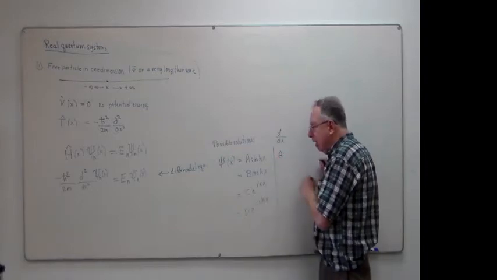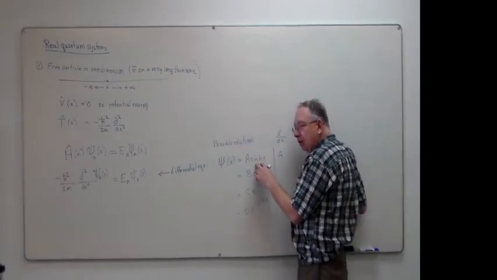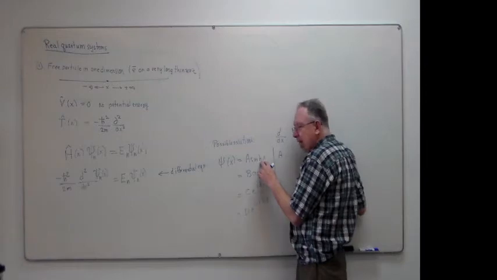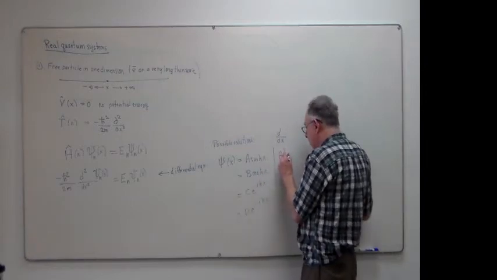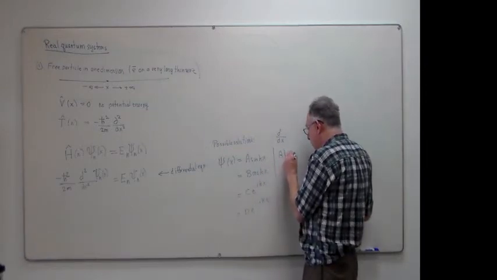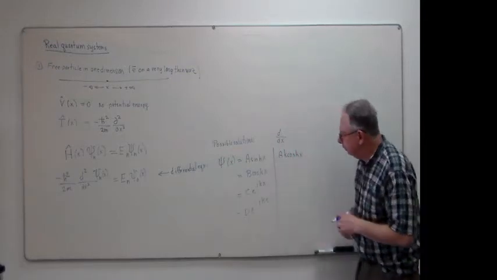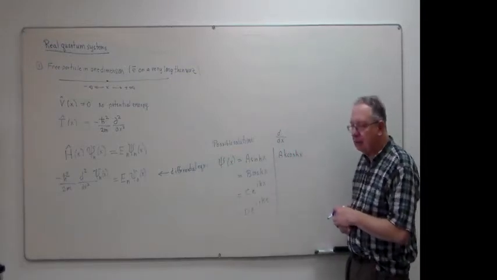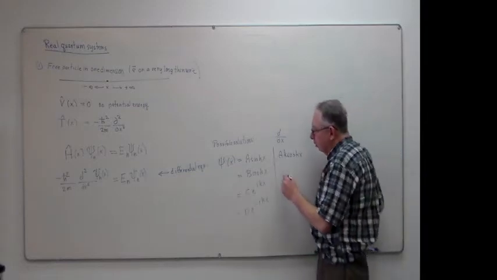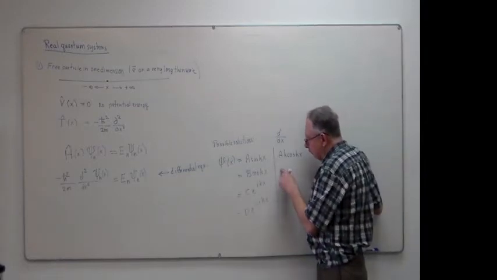There's an A. Derivative of the sine is cosine. Derivative of kx is k. So it's A k cosine kx. What's the first derivative of the cosine?